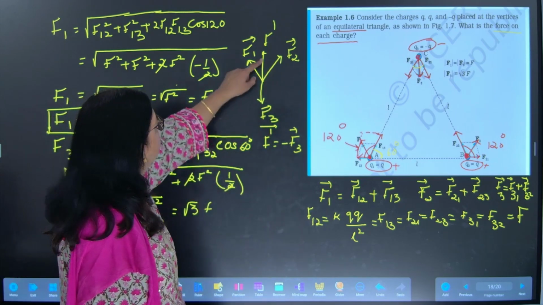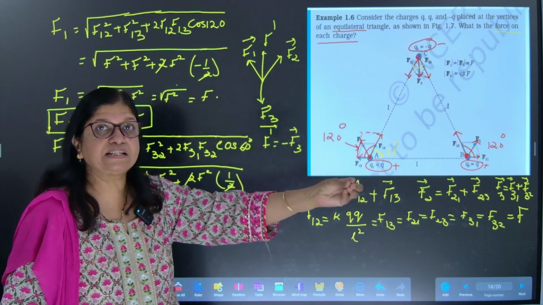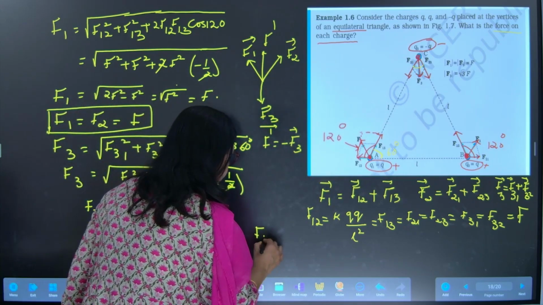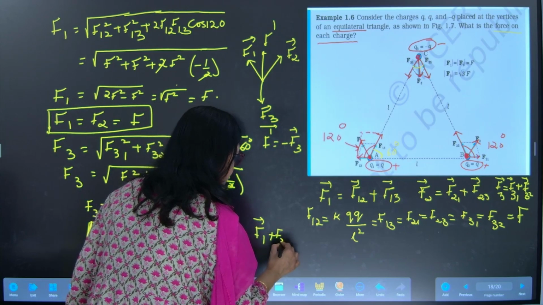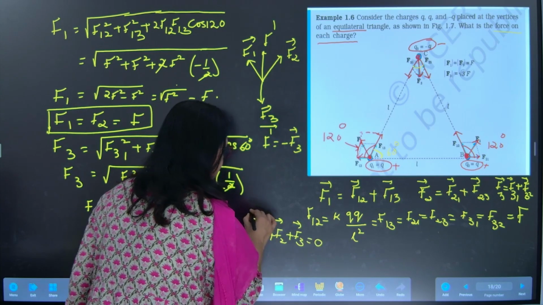Hence, the two forces F dash and F3 will cancel out each other. It means that F1 plus F2 plus F3 vector is equal to 0.